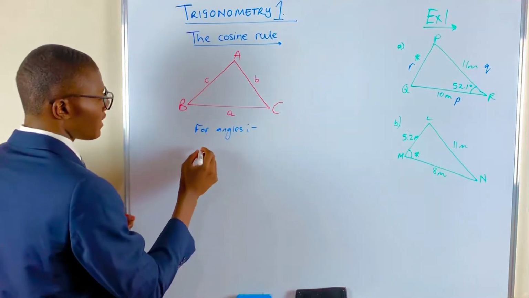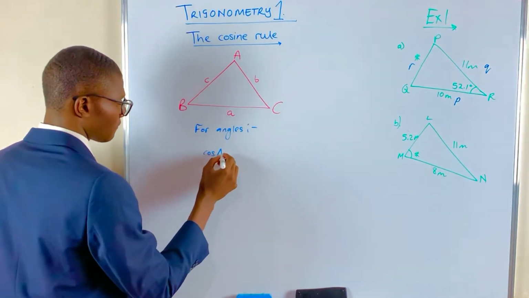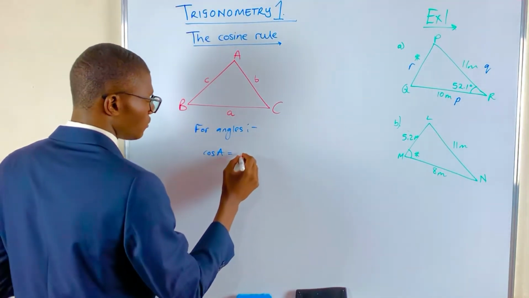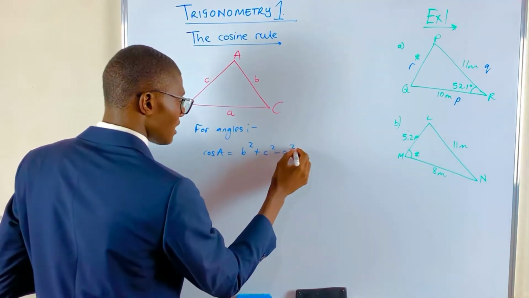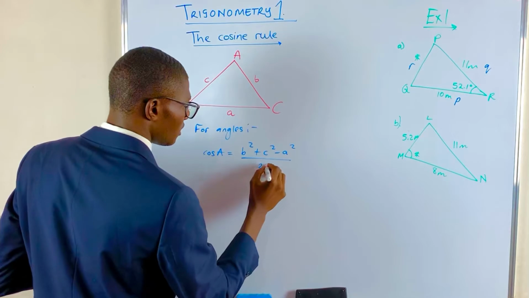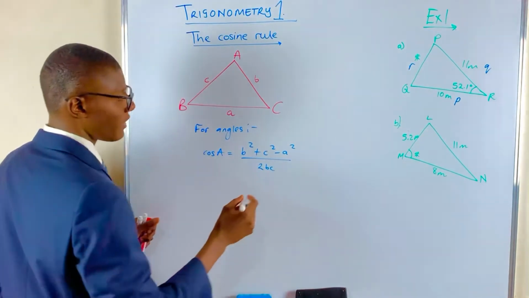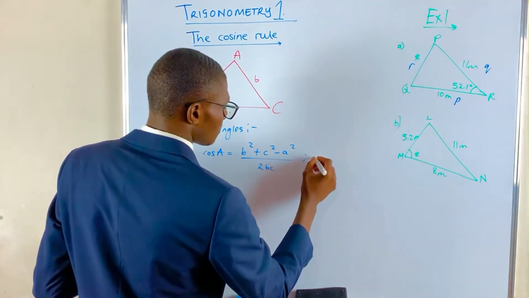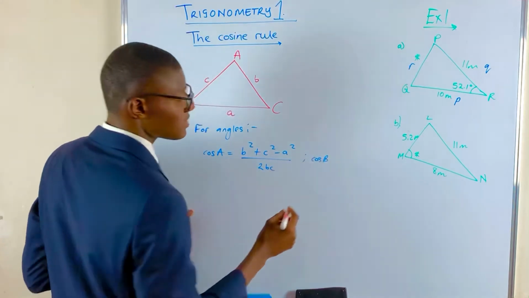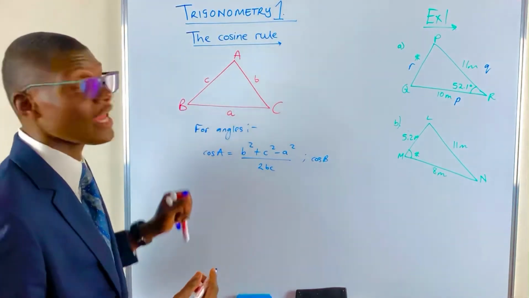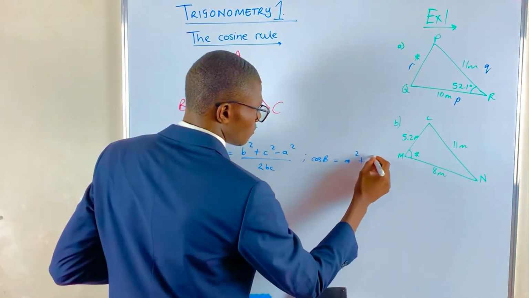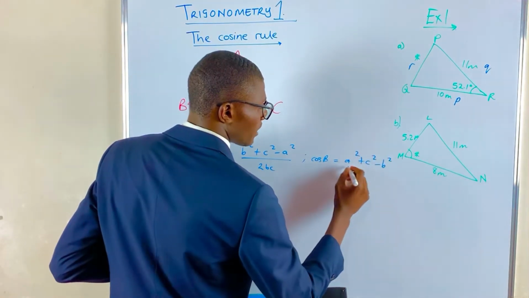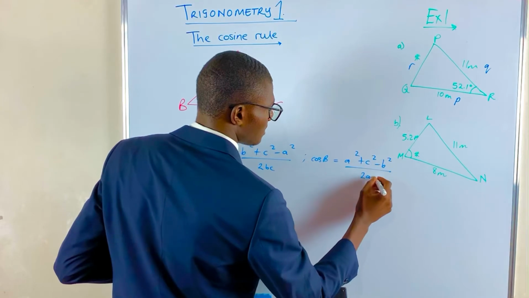We say that cos A is equal to b squared plus c squared minus a squared over 2bc. Then cos B, if you want to calculate the angle B, is equal to a squared plus c squared minus b squared over 2ac.